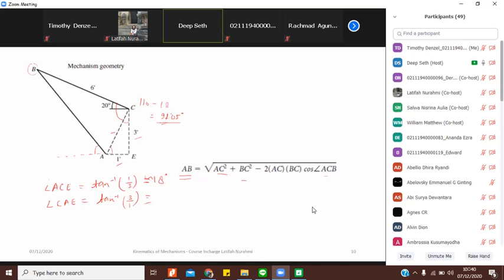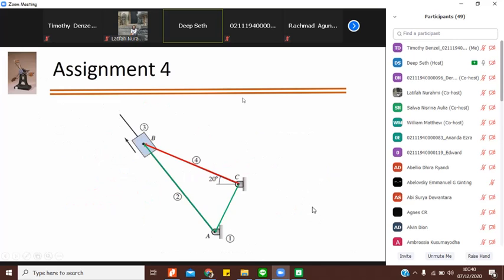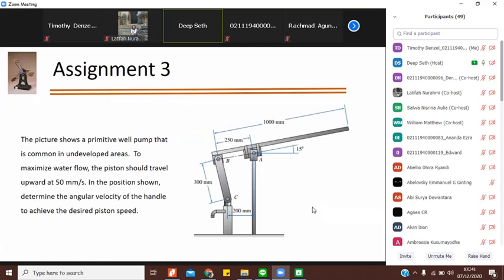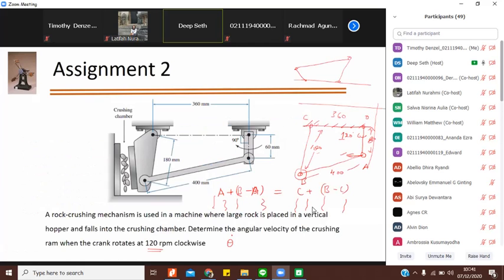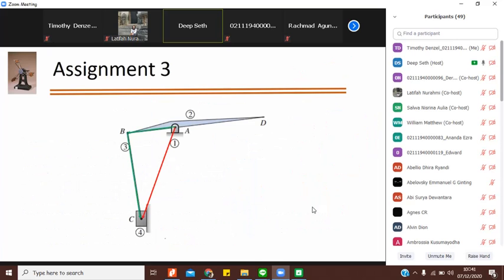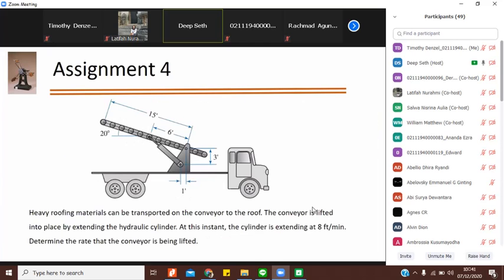Now, instead of question number 1 and 3, I ask you to do assignment 2 and assignment 4. You have to use the vector loop method to find the velocities and whatever we are asking.